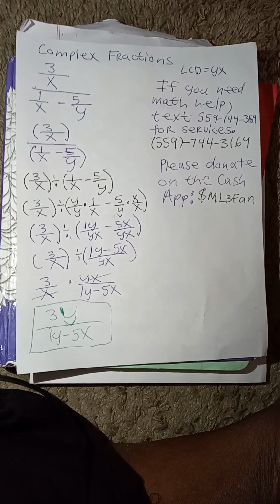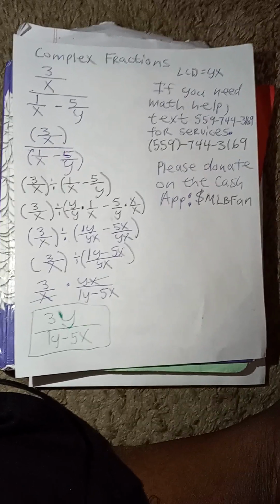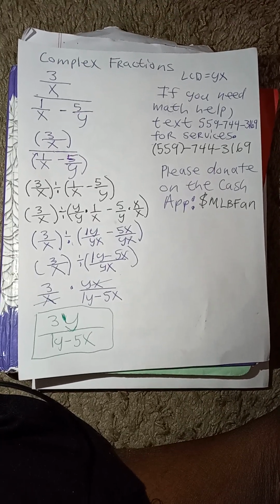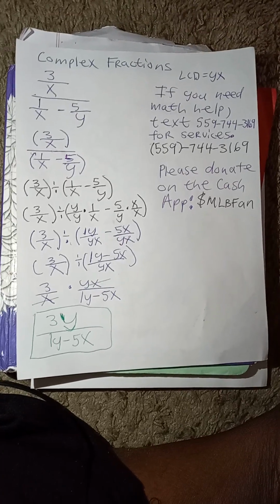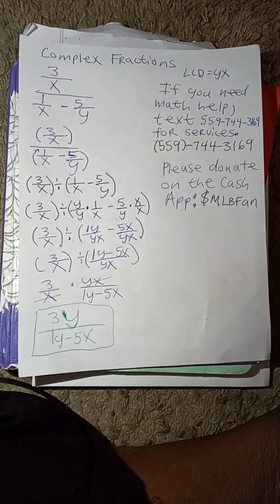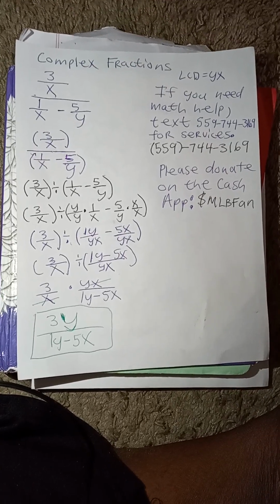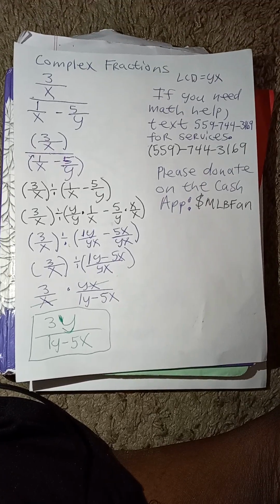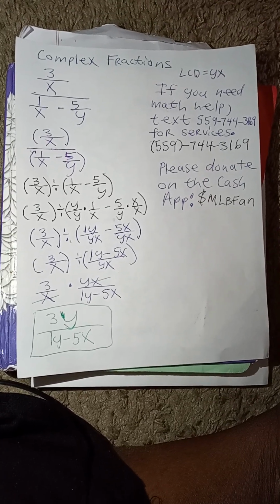So overall, this will read 3 divided by x, divided by y times 1 divided by x minus 5 divided by y times x divided by x. So 3 divided by x, divided by 1y divided by yx minus 5x divided by yx.